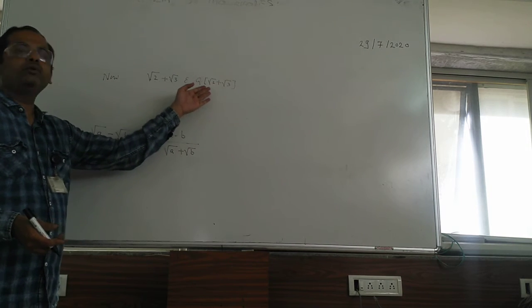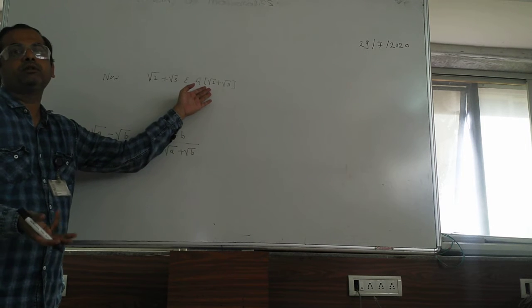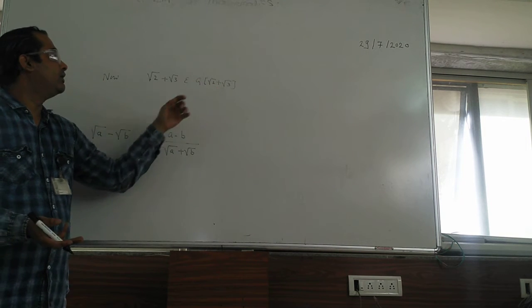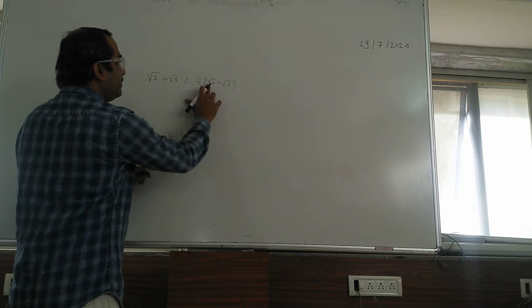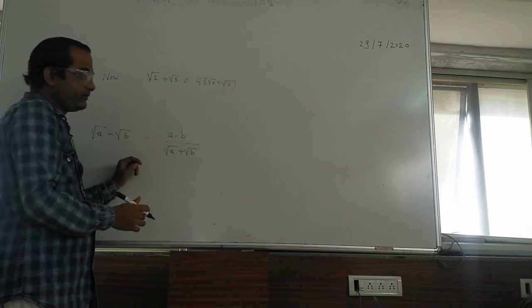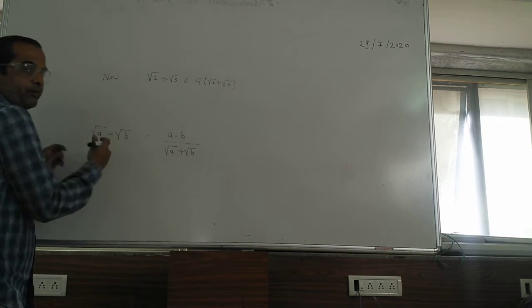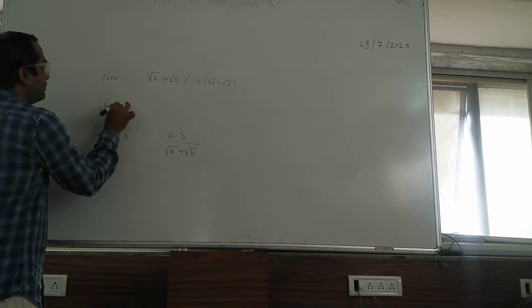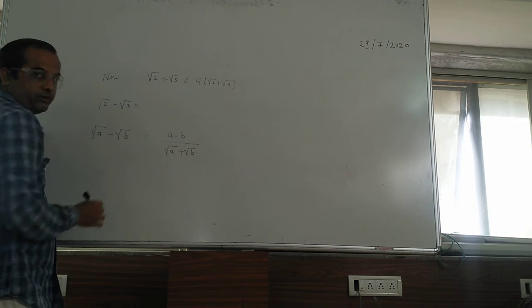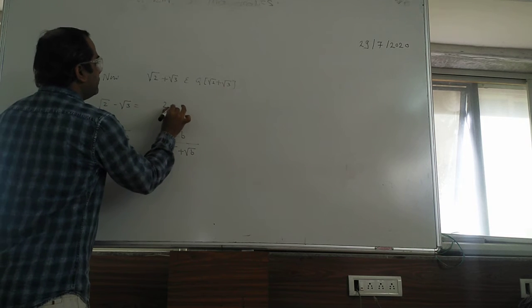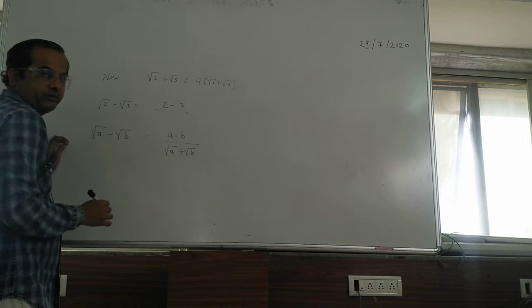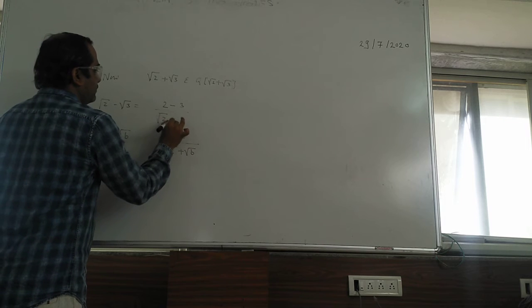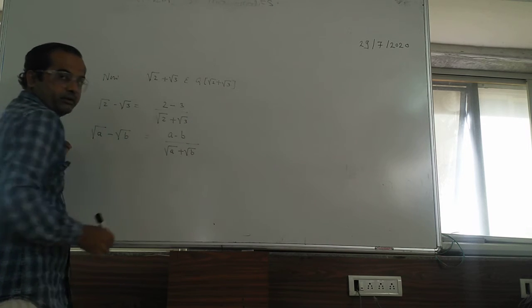Then 2 is in this because it's a rational, 3 is in this, it's a rational. Using this property, root 2 minus root 3 is equal to 2 minus 3 upon root 2 plus root 3.